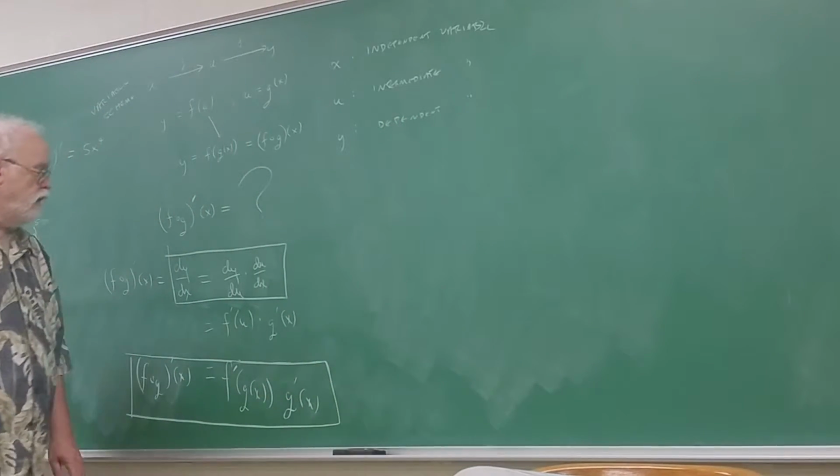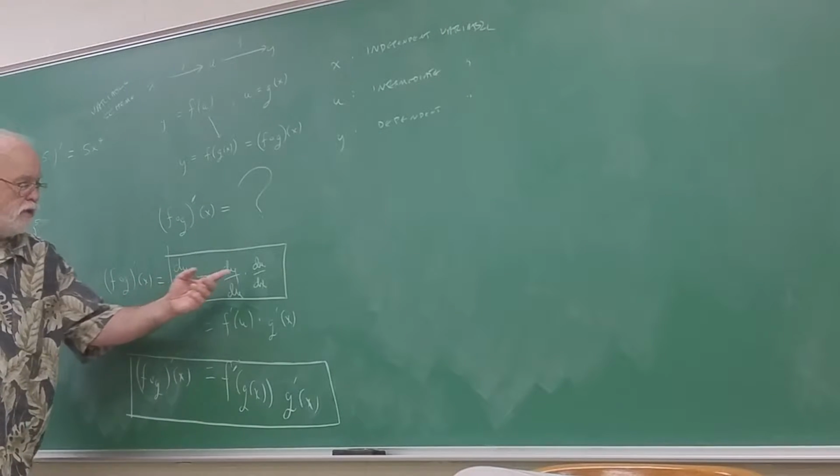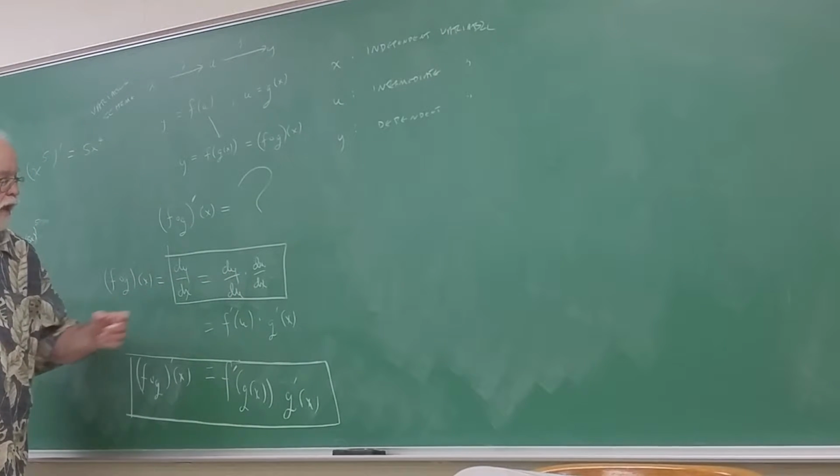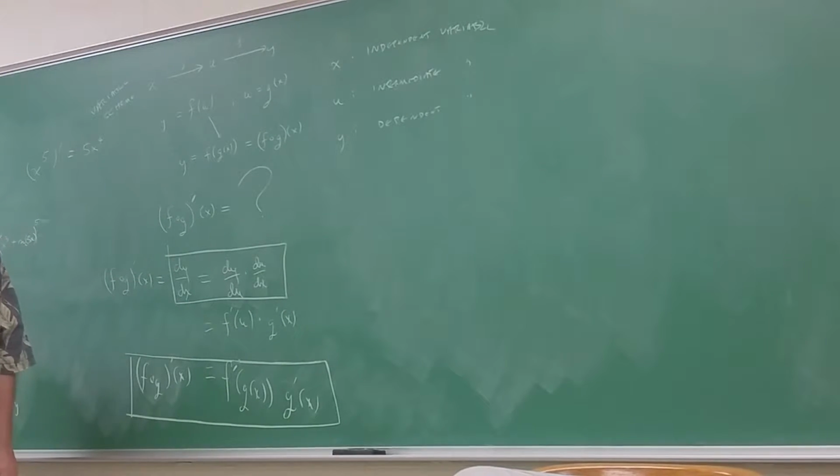And look what happens in the Leibniz notation of the chain rule. The dependent variable is always on top, the independent variable is always on the bottom, and the intermediate variable is sometimes top and sometimes bottom. And that's the way you can keep some of these things straight.